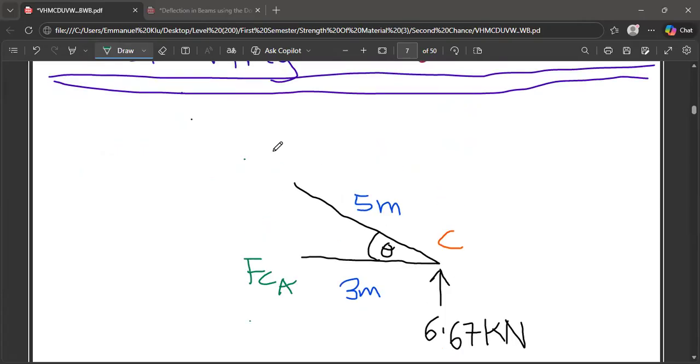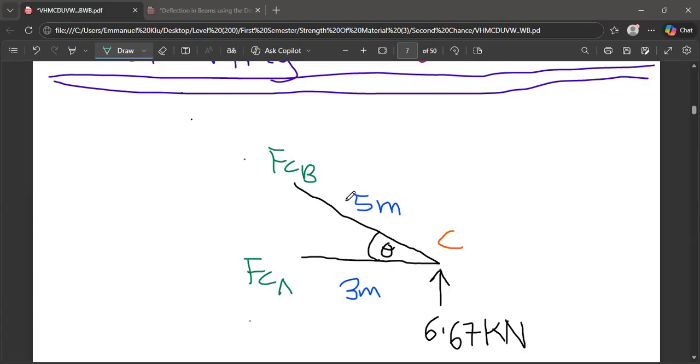And this is going to be FCB. I'm bringing the C first because I want your focus to be more there, so that you know that part is the joint we are focusing on. That is why in numbering, I brought it first.